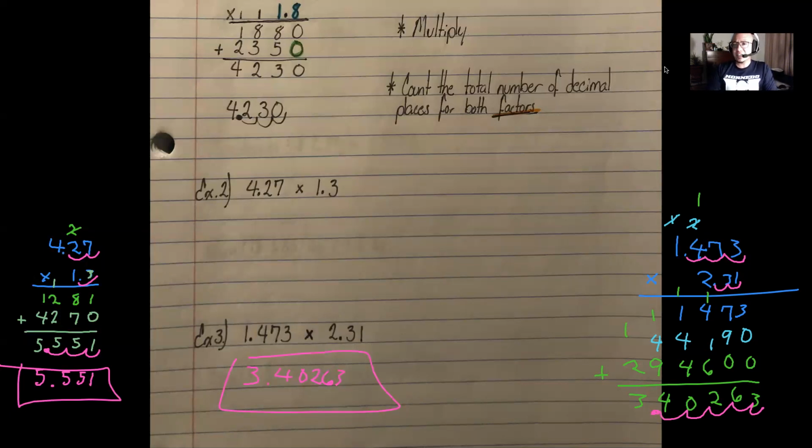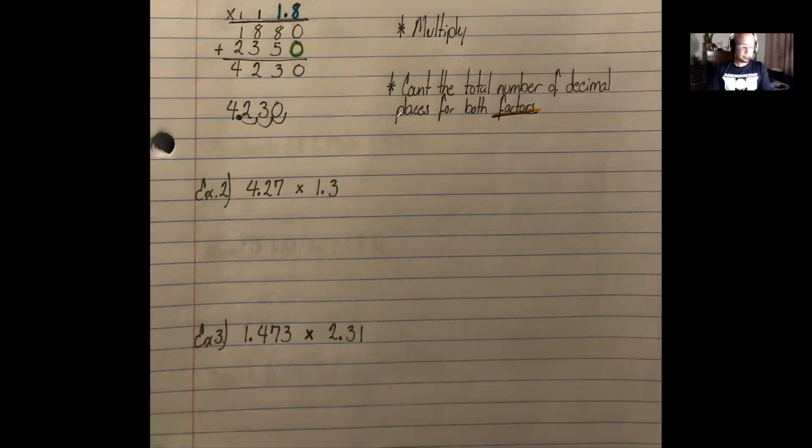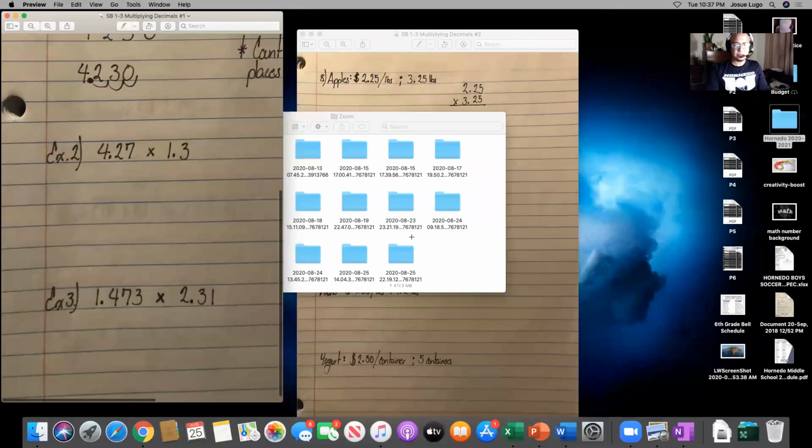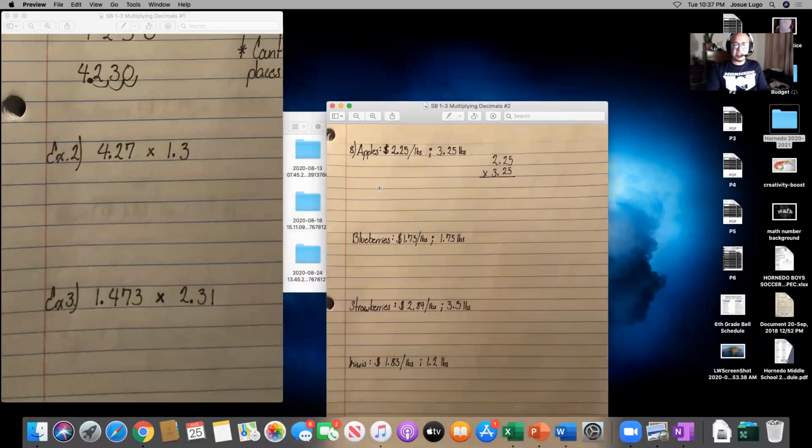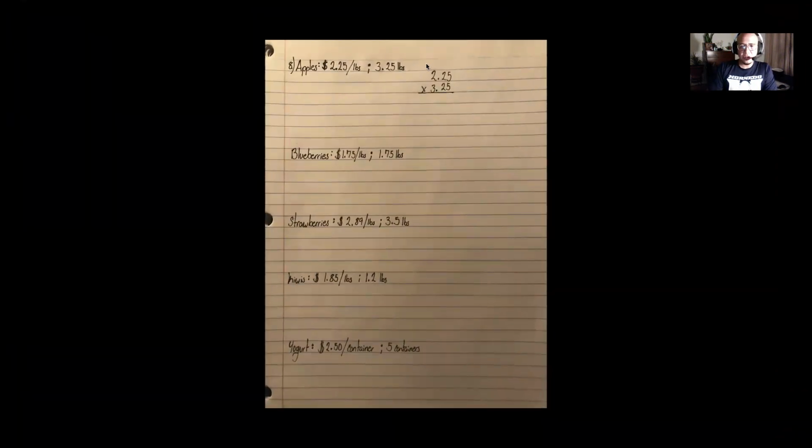Okay, let's move on to the next page. Give me 1 second. Oh, there we go. Okay, so for this next page, I'm actually going to start with the assignment, and I just wanted to explain to you guys what we're doing here in number 8, just so that it wouldn't be as confusing. And so I am going to be working here with number 8, and let me zoom in a little bit.